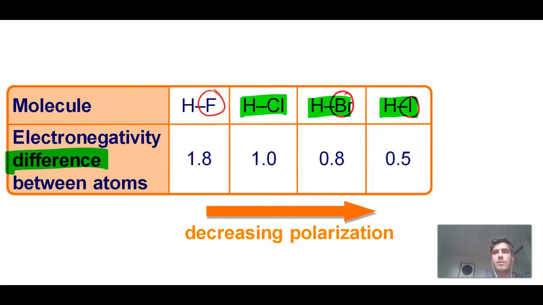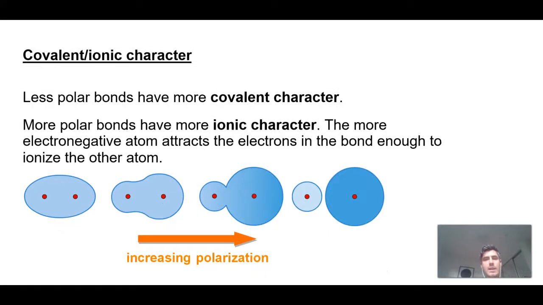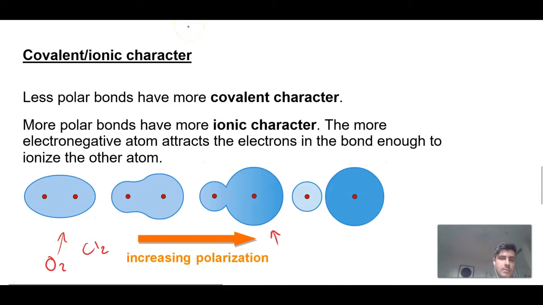So that's how the polarity works within the molecule. So we talk about covalent character. Covalent character is where on this scale you sit. So a perfect covalent is where they share completely equally, something like oxygen, O2, or Cl2. Something which is very, very polar is something like HF.